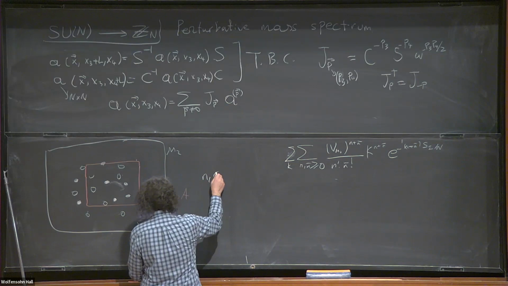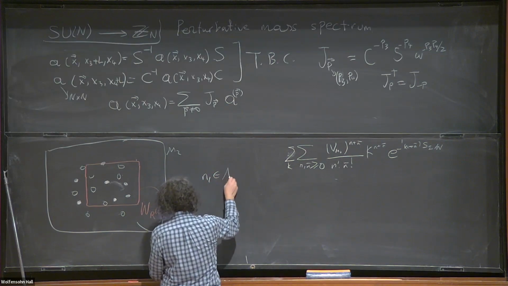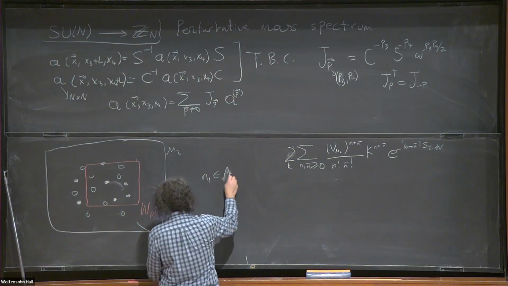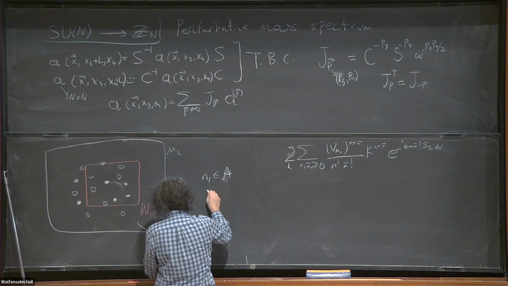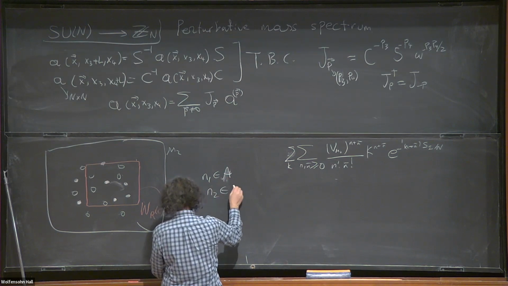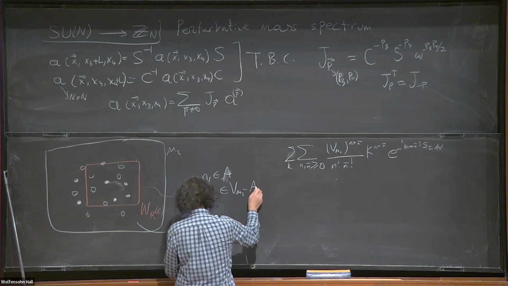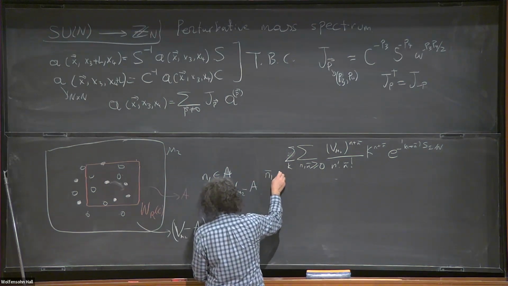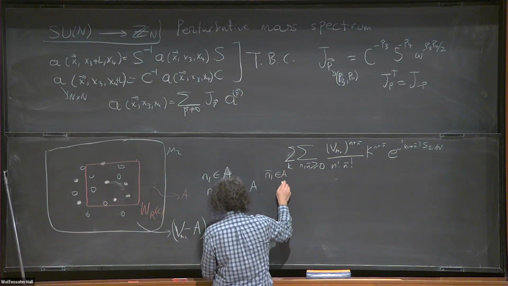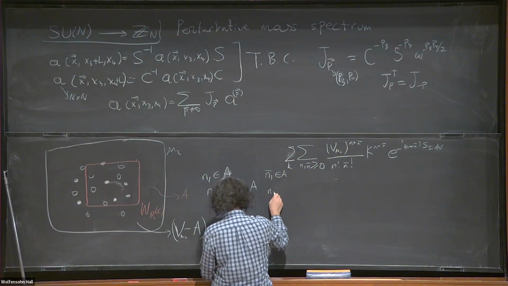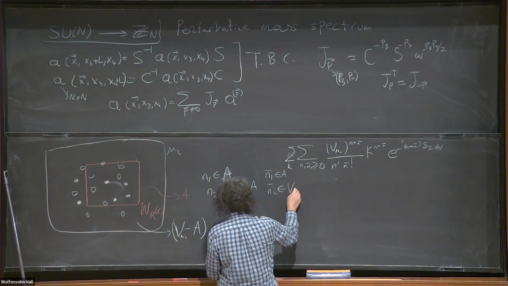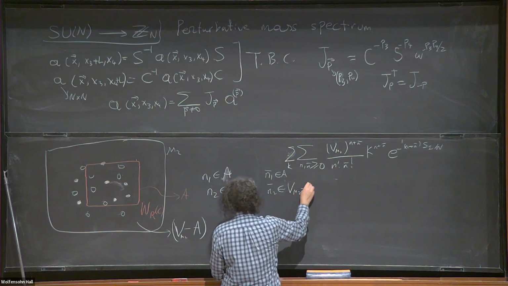Let's say there are n1 vortices inside A, and n2 vortices in V of M2 minus A, and n1 bar anti-vortices in A, and n2 bar in the complement.